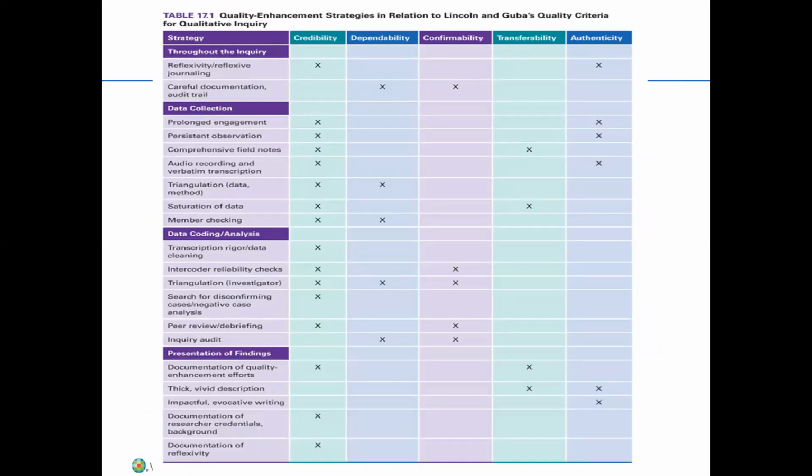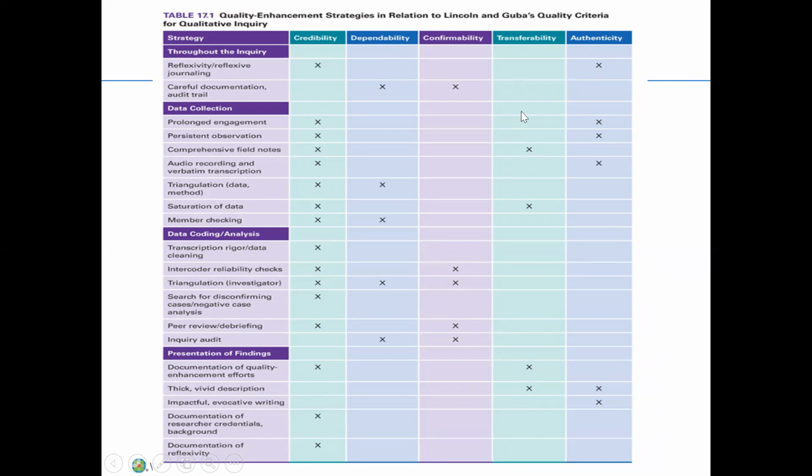A very important table in your book is table 17.1. This is the quality enhancement strategies in relation to the quality criteria. We just went through those 5 criteria, and what you can see here is where you might find evidence of these different aspects. If you were looking for authenticity, remember that we saw in the findings the vivid description, those quotes we saw, the evocative writing.